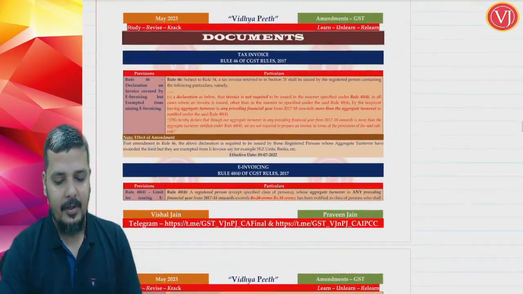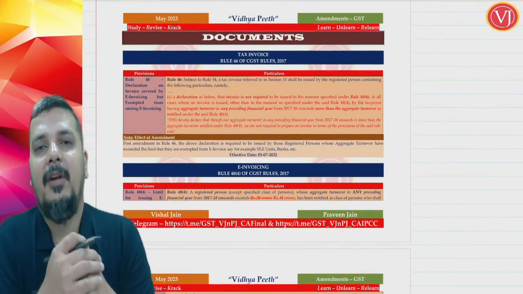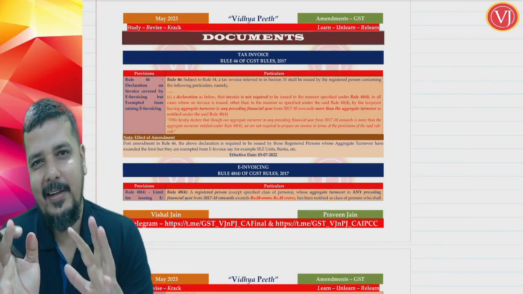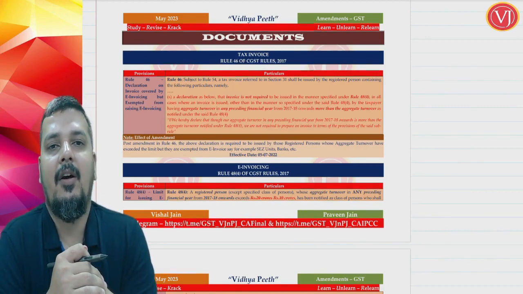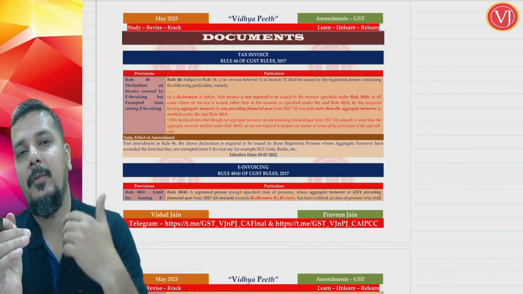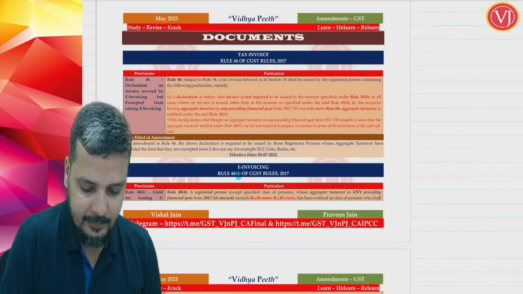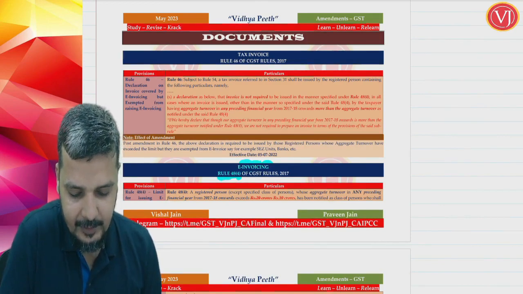Now we are talking about your next chapter, documents, where you have certain amendments. In the documents chapter, the important amendment that has come out is the limit for e-invoicing being reduced from 20 crores to 10 crores. Then we'll see the other amendments.